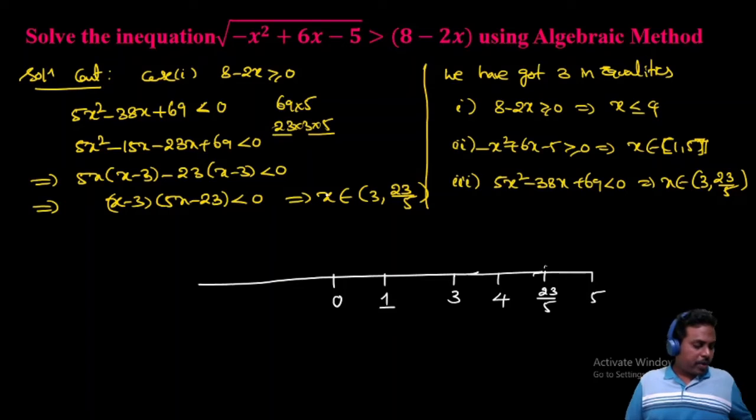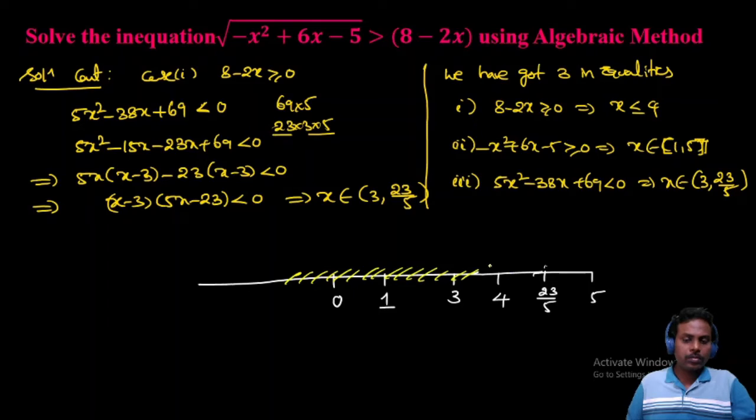Now let us find out the solution for it. So x less than or equal to 4 means I have to shade this region. And x belongs to 1 to 5. Let me take another color.